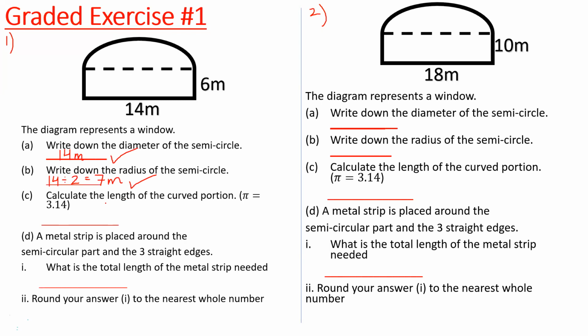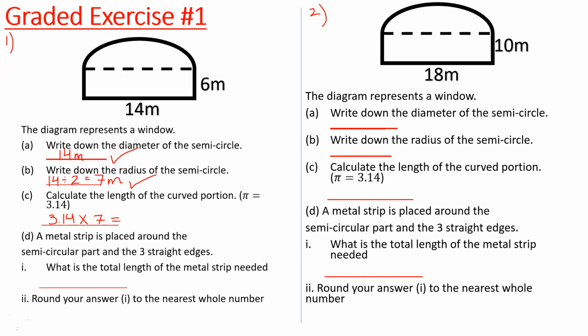Now we want the length of the curved portion. How are we going to get that? It would be 3.14 times 7, which is 21.98.